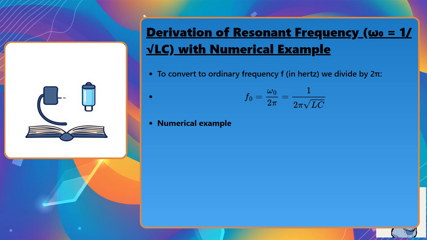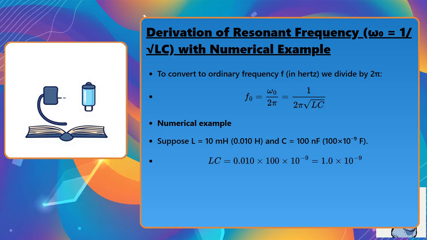Numerical example. Suppose L equals 10 millihenry, 0.010 henry, and C equals 100 nanofarad, 100 times 10 to the minus 9 farad. LC equals 0.010 times 100 times 10 to the minus 9, equals 1.0 times 10 to the minus 9.